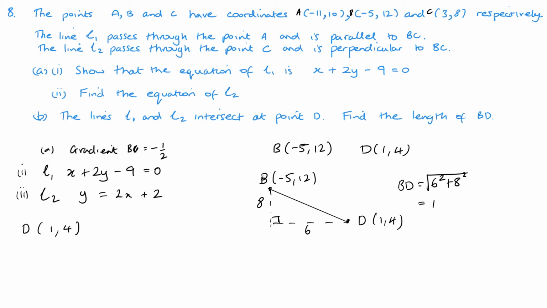So it's just going to be 10. But obviously you don't have to sketch it out like that. You can remember that the distance is the square root of the difference in your x's, x2 minus x1, squared, plus y2 minus y1, squared. So you can just write it as a formula. Okay, but that's the question done.